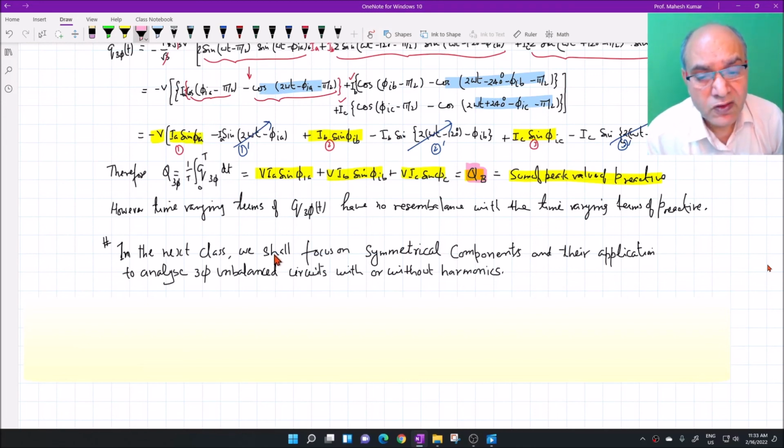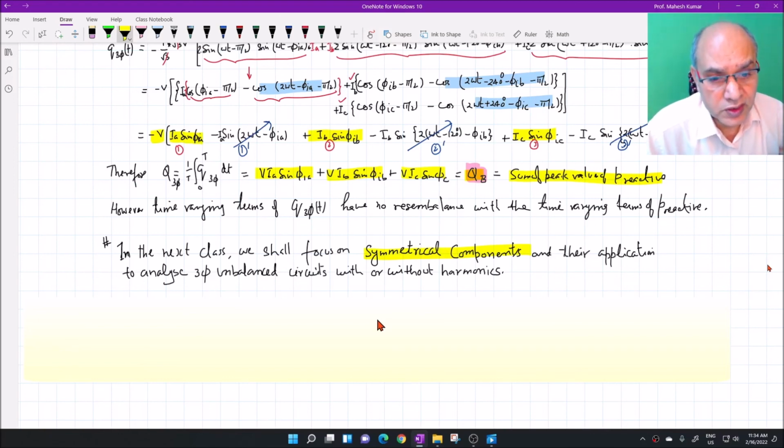In the next class, we will focus on the three-phase system with unbalanced voltage and current as well as harmonics. Before that, we will review the three-phase unbalanced system in form of symmetrical components and their applications to analyze three-phase unbalanced circuits. The concept of symmetrical component is very useful to analyze three-phase unbalanced systems with or without harmonics.